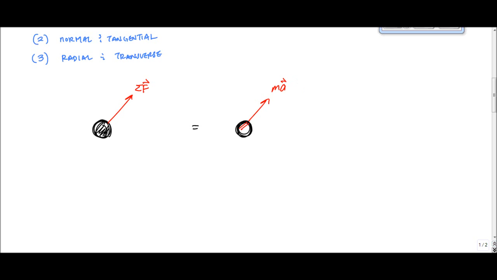Now I can choose any coordinate system to solve this basic problem. Let's say this particle is moving on a path like this, that green line.